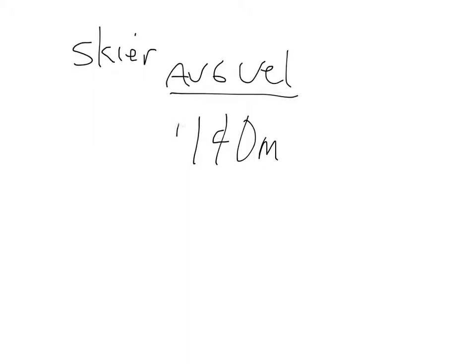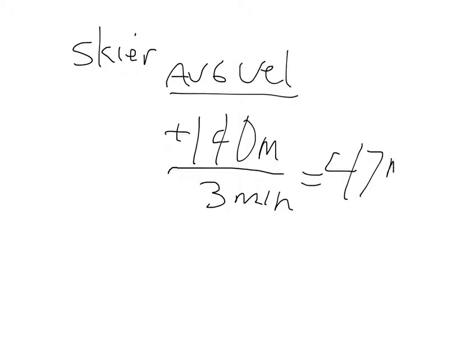We can just put a positive on there. And the total minutes for the skier on that was 3 minutes. So if you wanted to find the average velocity for the skier, it would be 47 meters per minute. And you would keep that plus sign on there to indicate it was to the right.